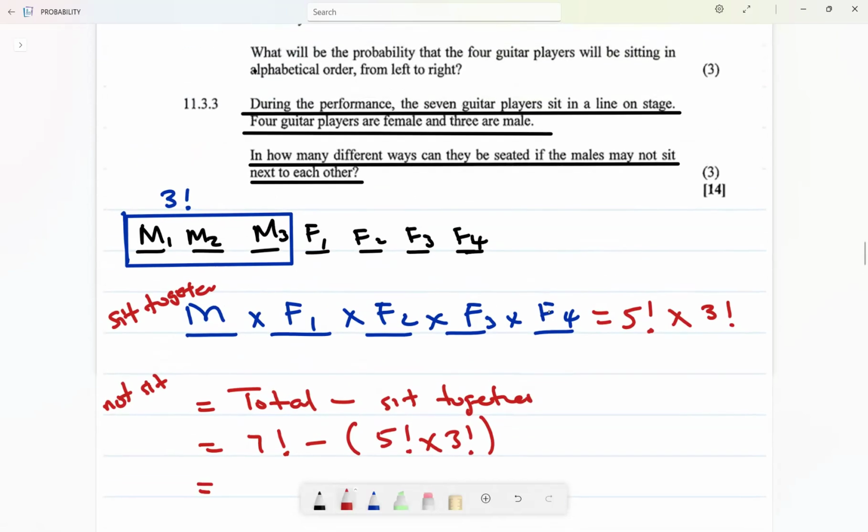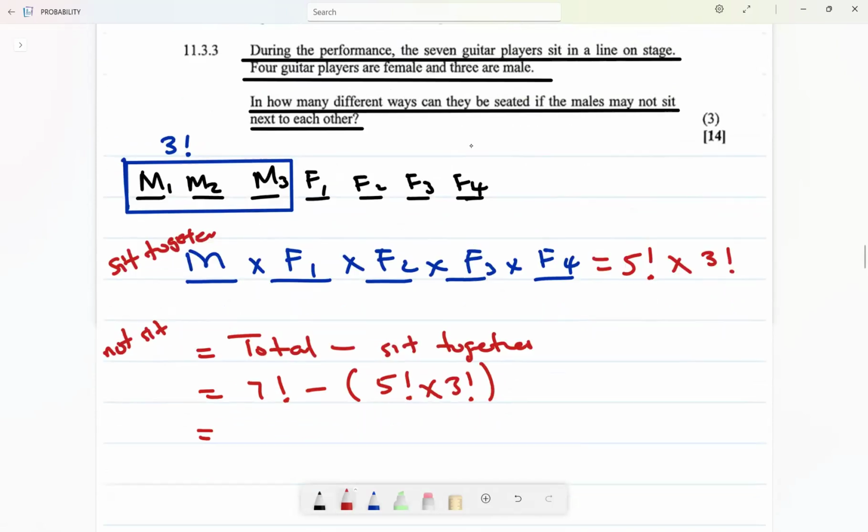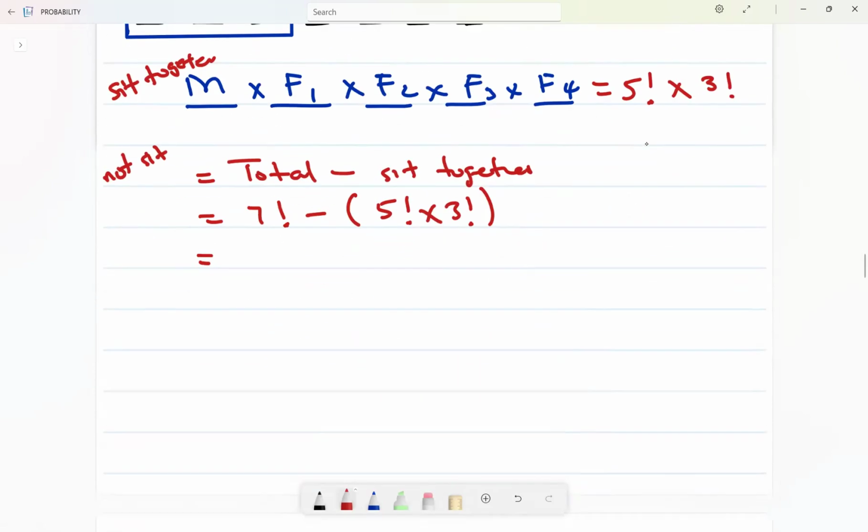Let me read: in how many different ways can they be seated if the males may not sit next to each other? So it's going to be 7 factorial minus that they sit together. This is the same as saying probability of not A. Remember, how do you find probability of not A?